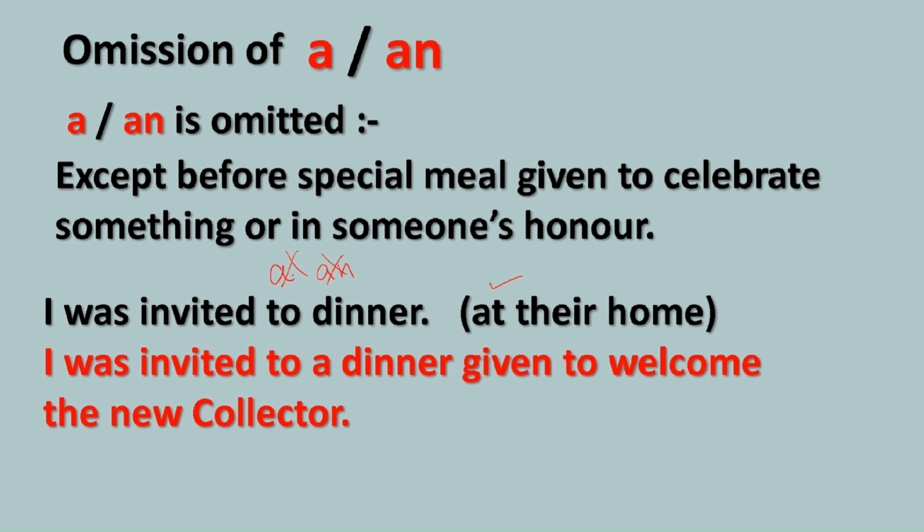This is wrong. But see the second sentence: I was invited to a dinner. Dinner given to welcome the new collector. So this is in someone's honor to celebrate something. So in this case article a is to be used, but in the regular course we should not use an article before a meal.